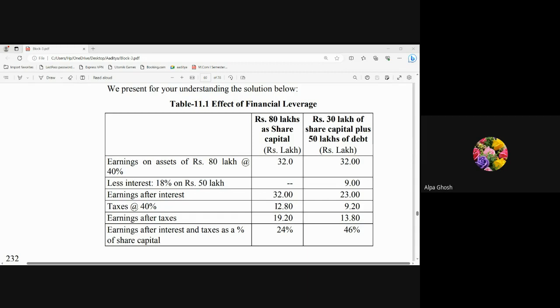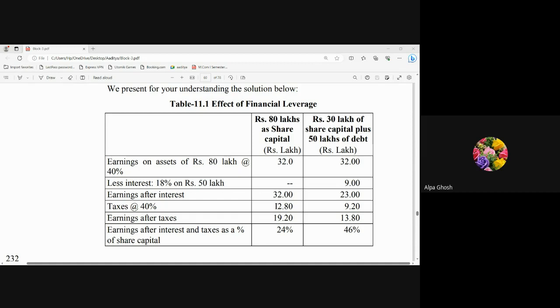It has debt capital of rupees 50 lakhs and equity share of rupees 30 lakhs. So for both the options, the total capital structure is 80 lakh. Am I clear? Yes, ma'am.